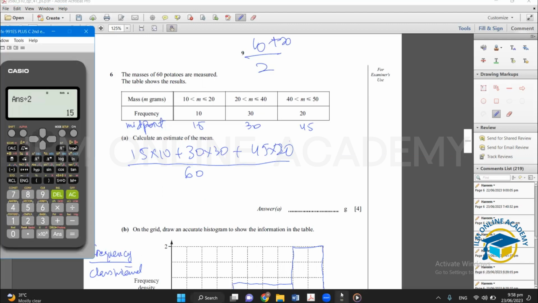So let's calculate it. I'm calculating it directly: 15 multiplied by 10 plus 30 multiplied by 30 plus 45 multiplied by 20, and then divided by 60. Okay, and the answer is 32.5.